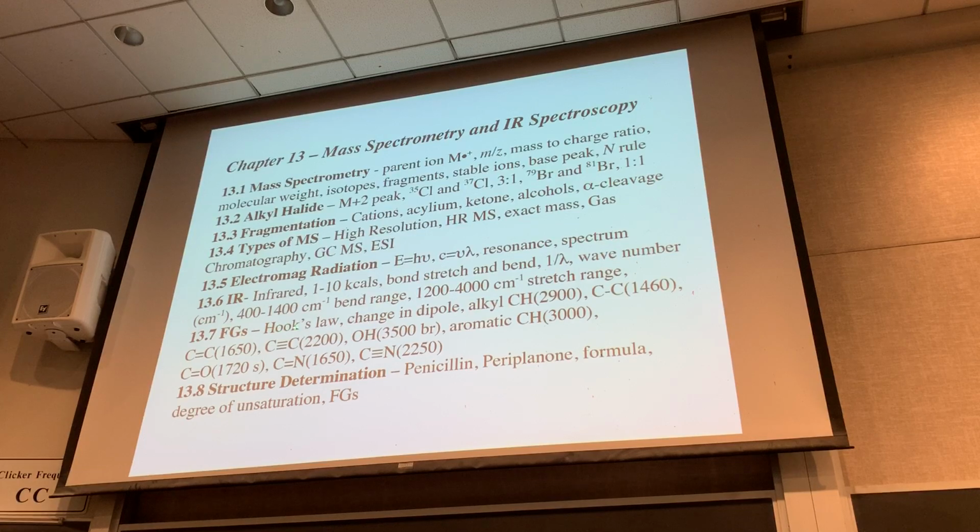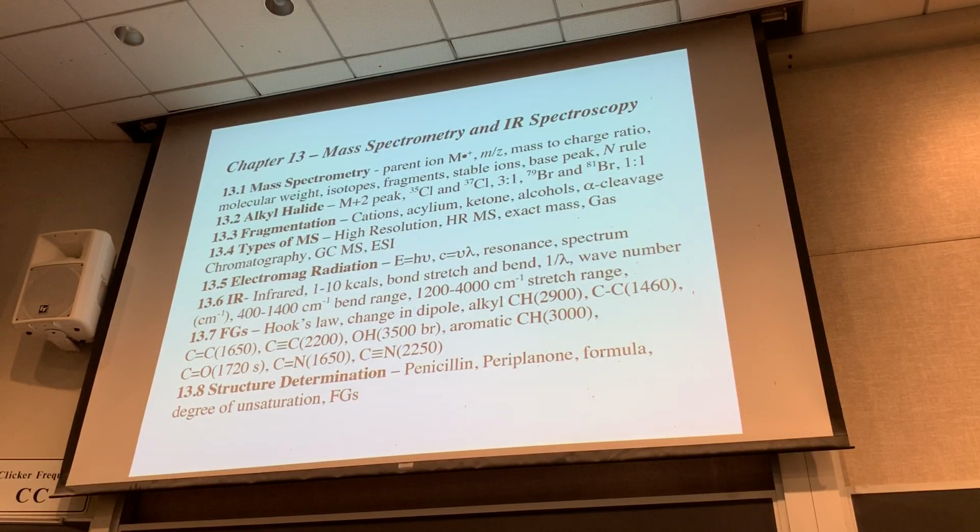By Hooke's law, you can see that the mass of the atoms involved in the bond is directly proportional. The lighter atoms generally oscillate at higher frequencies, require higher energies. The change in the dipole moment of that oscillation has to do with how intense the signal is in the IR. So we'll look at that change in the dipole moments.